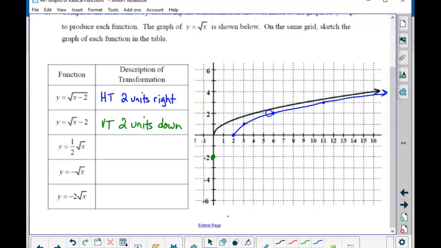Okay, so then each nice point, go down 2. Again, the shape is not going to change. It's just a different location. So I'm kind of color coding it.